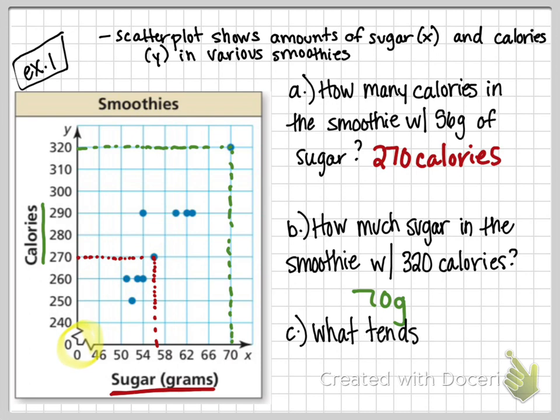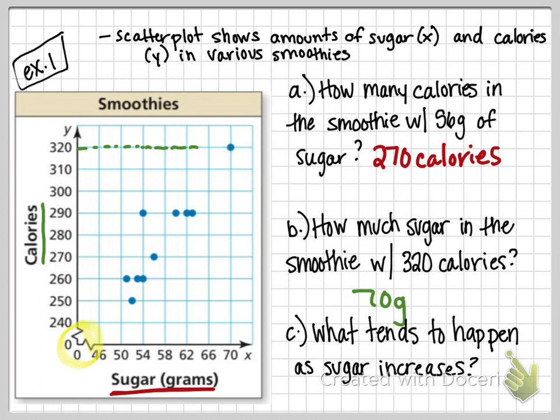All right. Now, think about this. If we were just sort of explaining the graph, if I erase all my little dots, what tends to happen as sugar increases? What do you notice on the graph? As sugar gets larger, more calories. Correct, right? As you have more sugar in the smoothie, you tend to also have more calories.